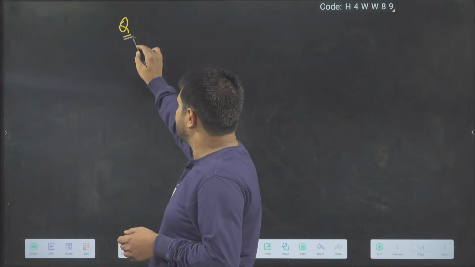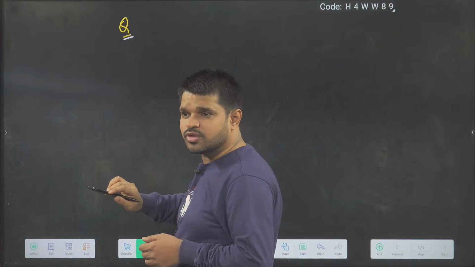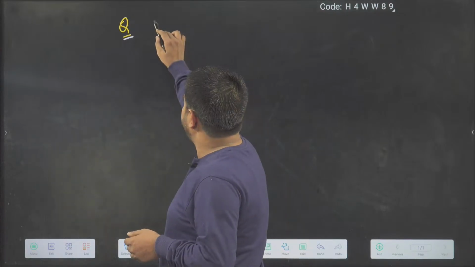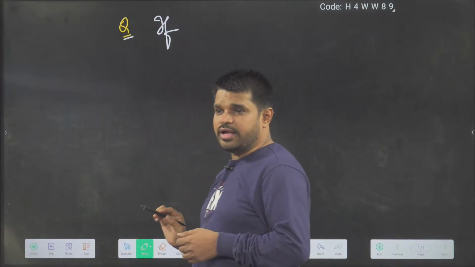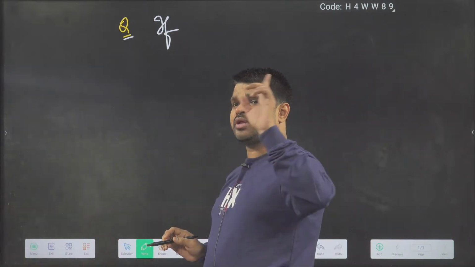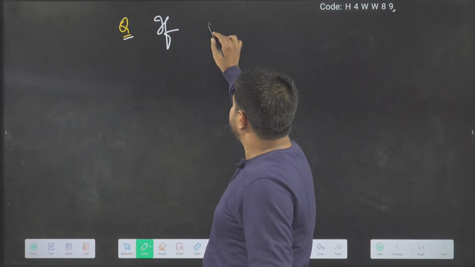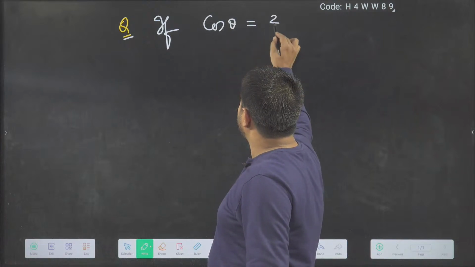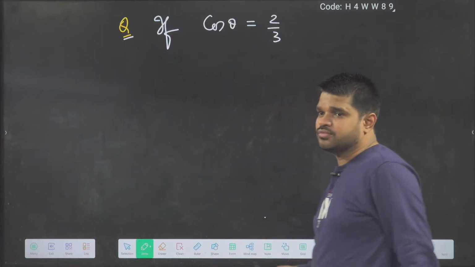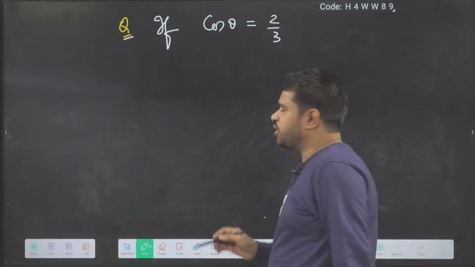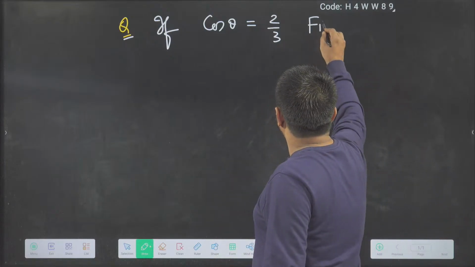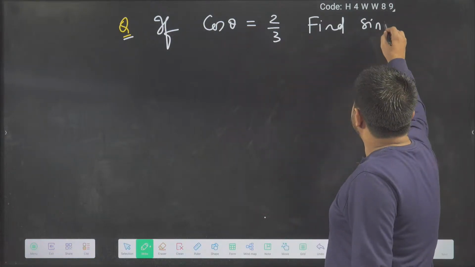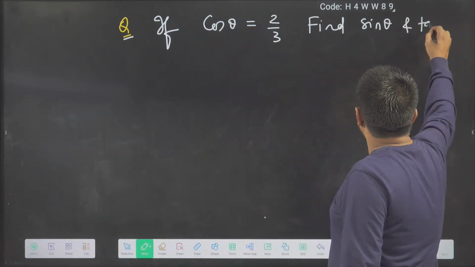The question is like this, based on the previous lecture. If cos theta equals 2 by 3, find sin theta and tan theta.